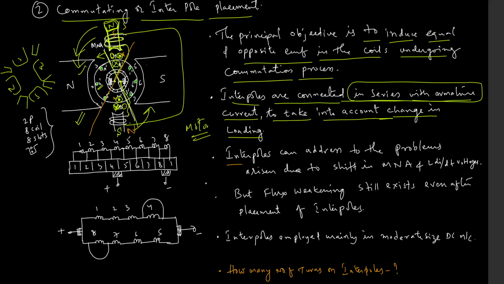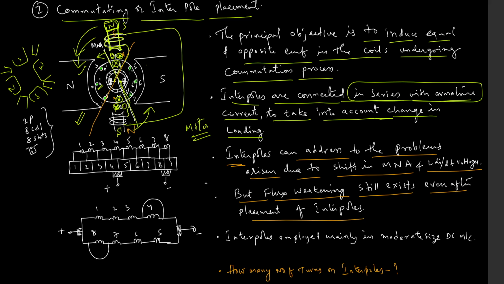Now the question is, how effective are these interpoles in doing their work? Now interpoles can address the problems arising due to shift in magnetic neutral axis and L di/dt problems, but not the flux weakening. The flux weakening still exists even after placement of interpoles.